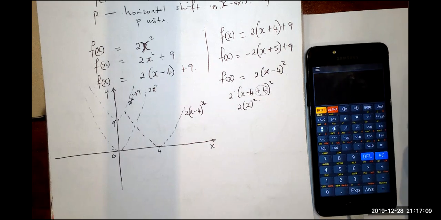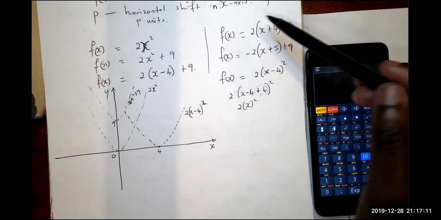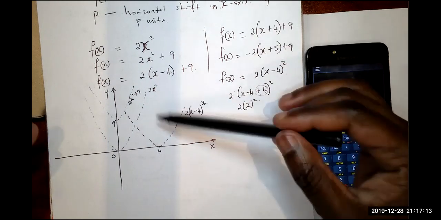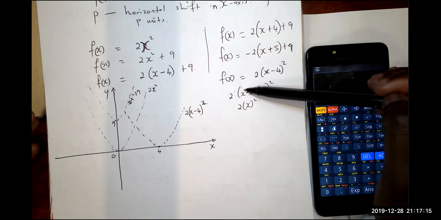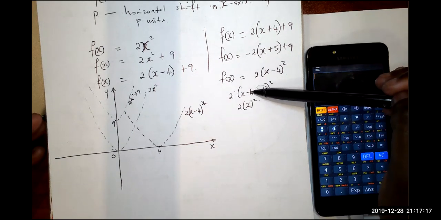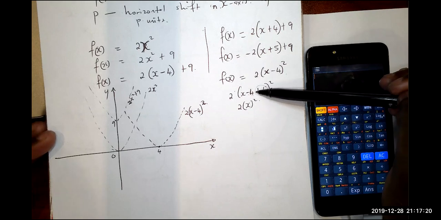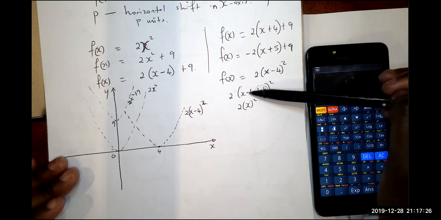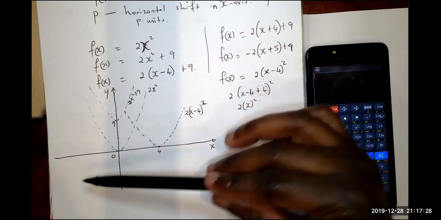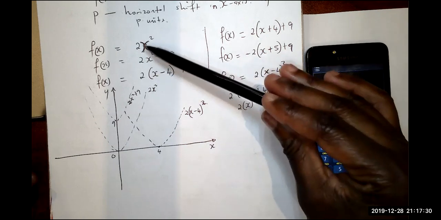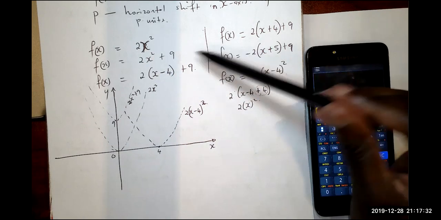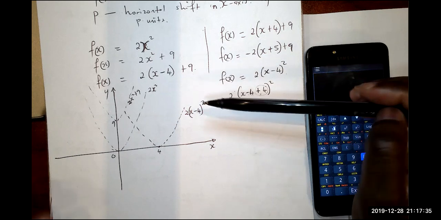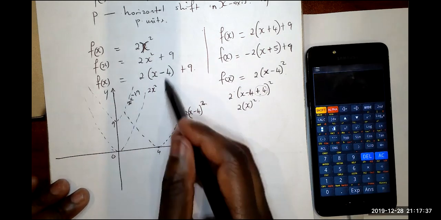That's the graph there. So here's the trick that you need to master. When it's minus 4 units, you need to move to the right. You're opposing. When it's plus 4 units, you need to move to the left, because we are trying to go back to our original equation, to cancel everything. Now let's come back to this one.